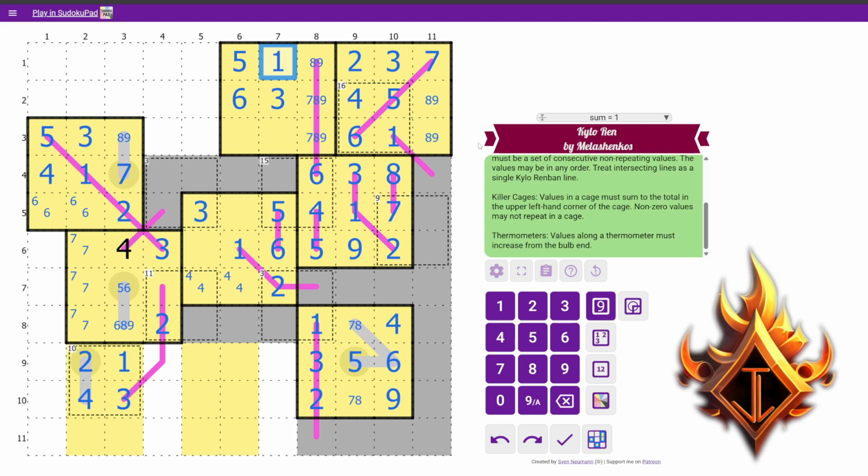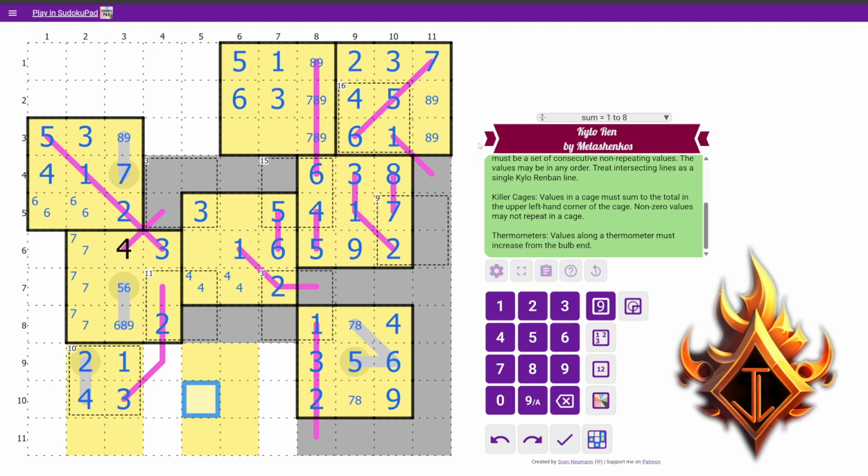And then now 1 is over here. Well, actually, it could go here, I guess, if it was part of this box.